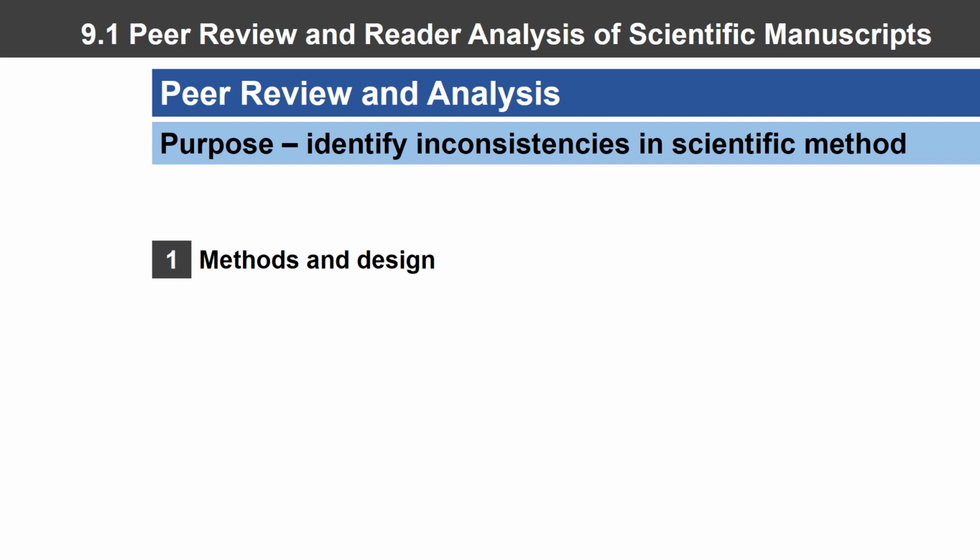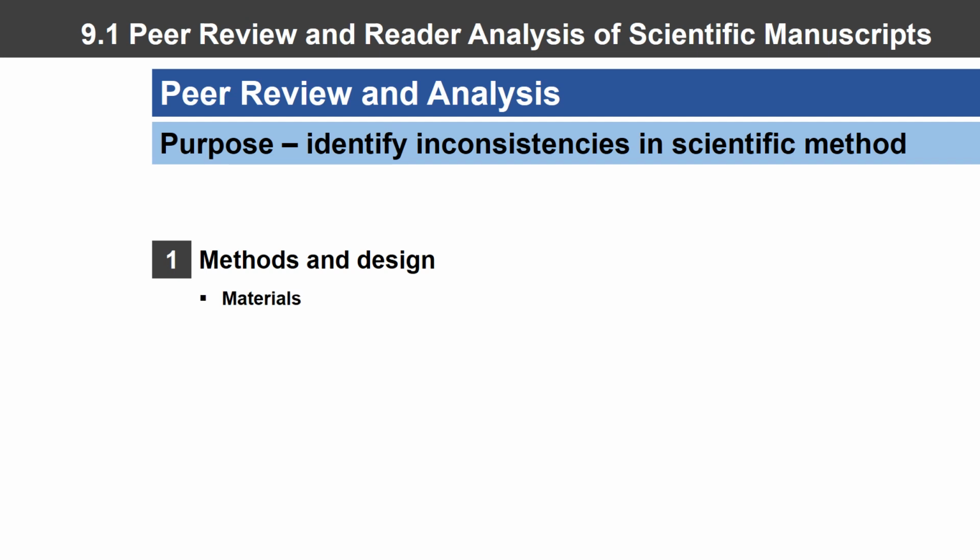So let's break this down into the ways you can do an analysis based on the anatomy of a paper. The first one we're going to tackle is related to the materials and methods section. So really vetting the methodology that the researchers used and the design of the study at large and each individual experiment as well.